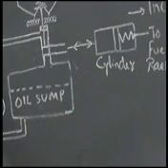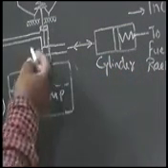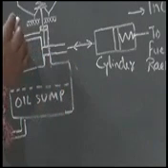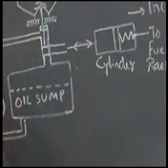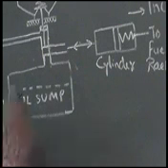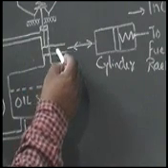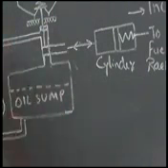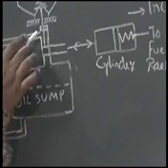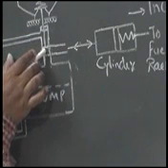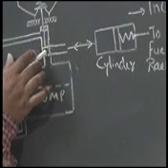That means when will it happen? When the flywheels come closer. When the RPM decreases. That means when the RPM decreases, the flywheels will come closer and this pilot valve will come down.